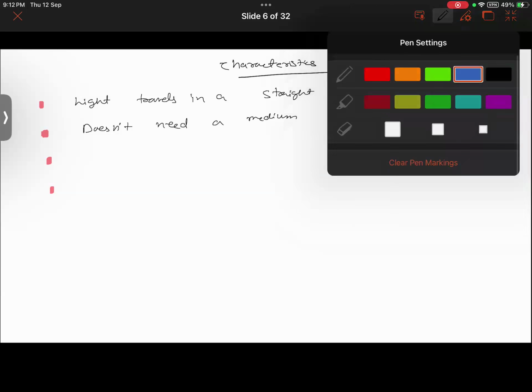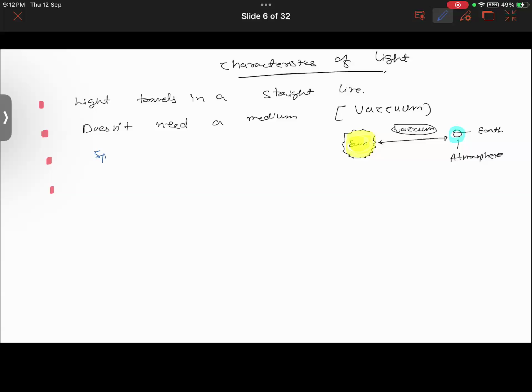Light travels really fast. The speed of light is 3 times 10 raised to the power 8 meters per second. That is 3 lakh kilometers per second.